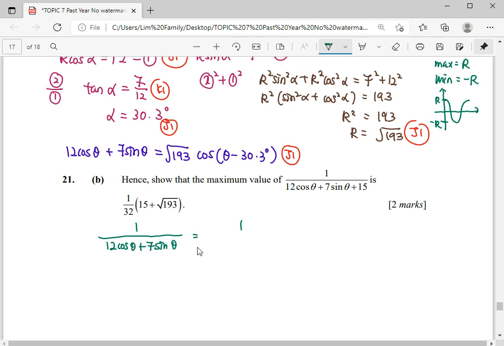Actually, we already expressed it into the new format here, square root 193 cos theta minus 30.3. So we already changed this to the new form. Plus 15, the question has plus 15. The plus 15, of course, we cannot do anything.